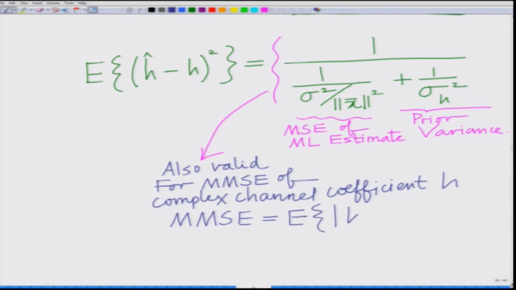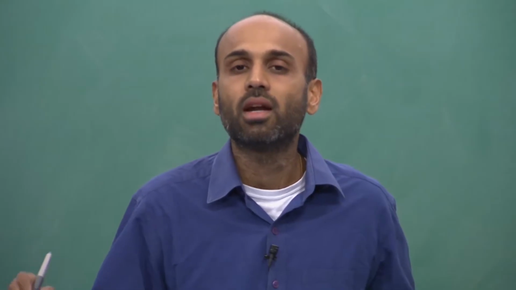It will be the expected value of the magnitude of h hat minus h whole square. Since it is a complex quantity, naturally we have to consider the magnitude, and that will be given by this expression.